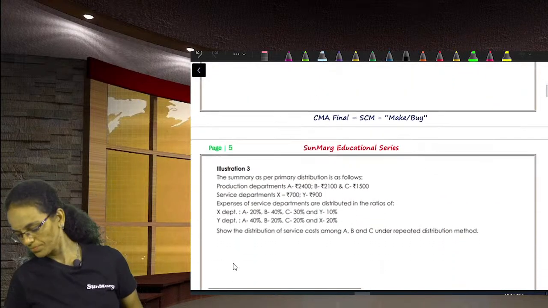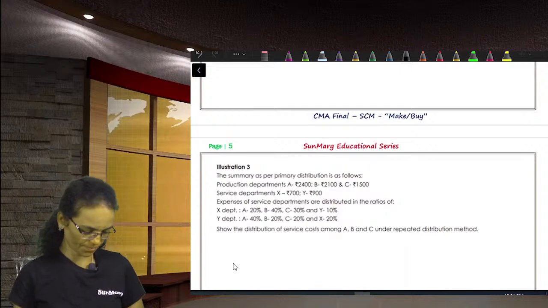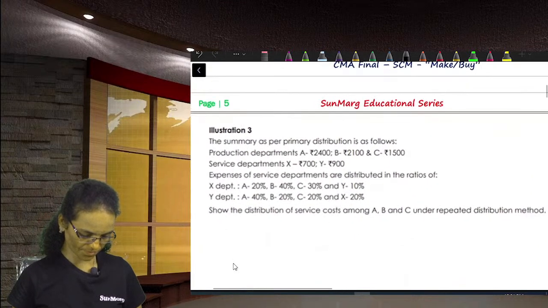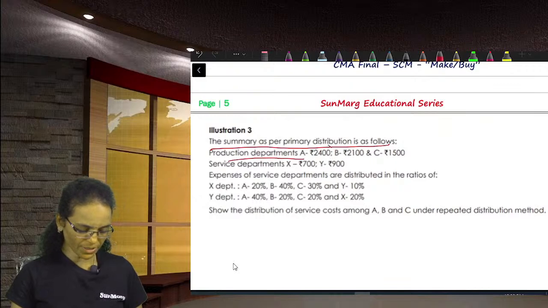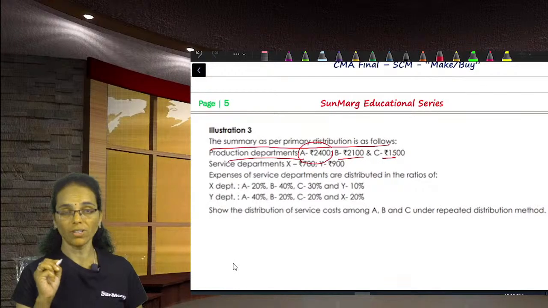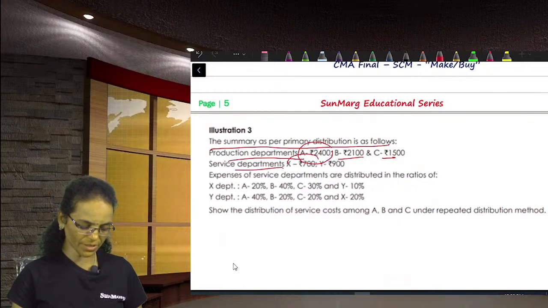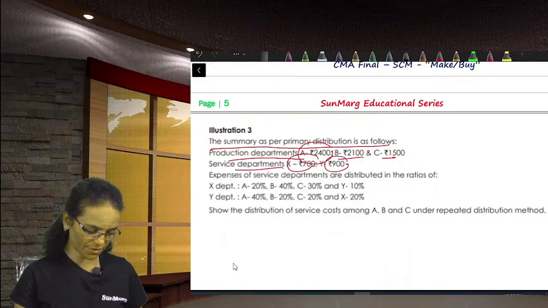We'll go to the next problem. The summary as per primary distribution is as follows. Production departments A, B, C respective cost is given. Service departments X and Y respective cost is given.